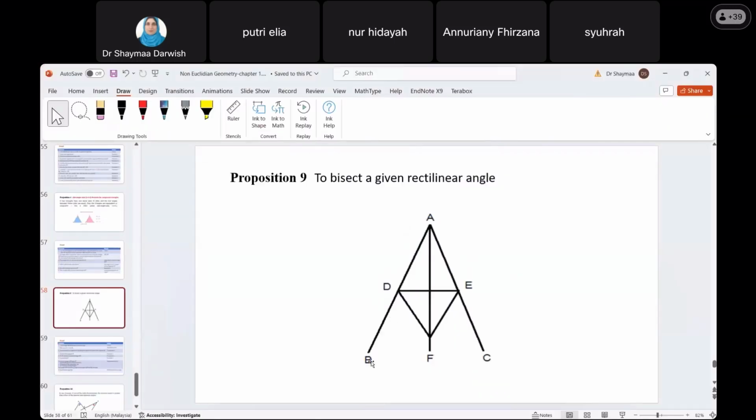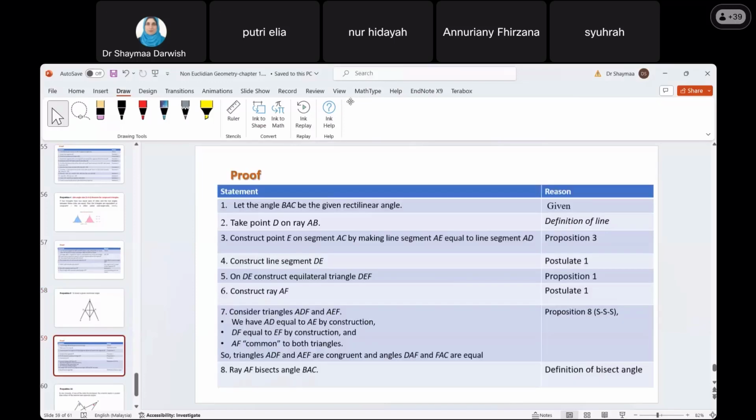We have the triangle CAB. We take any point on AB, let's say D. Then by using proposition 3, you can construct a point E on the segment AC by making the segment AE equal to the line AD.